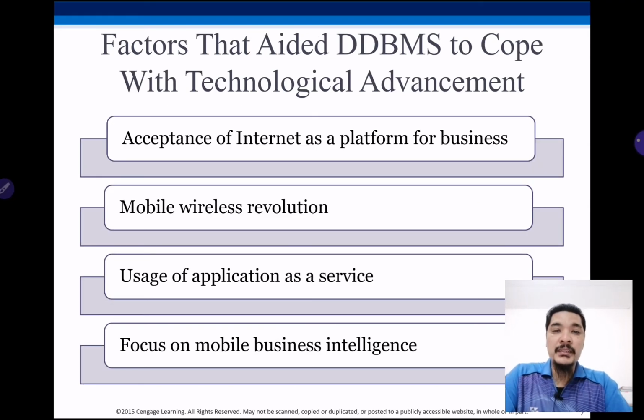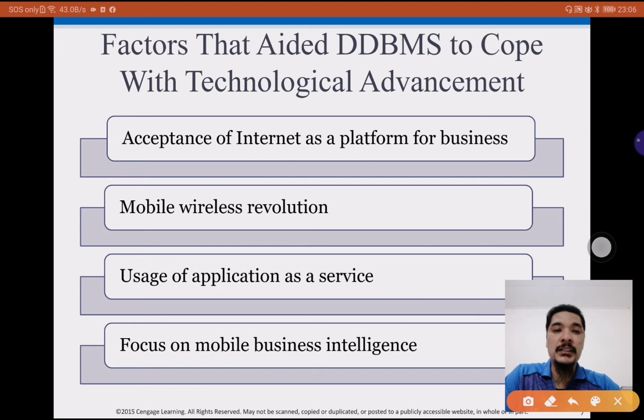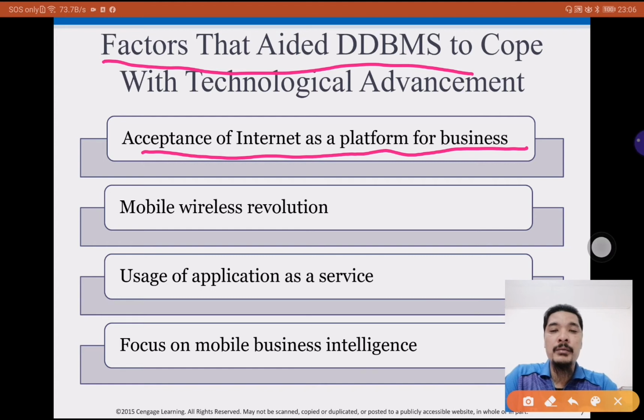Factors that aided the DDBMS to cope with technological advancement. There are other things that you need to memorize and also think about. Number one, acceptance of the internet as a platform for business.